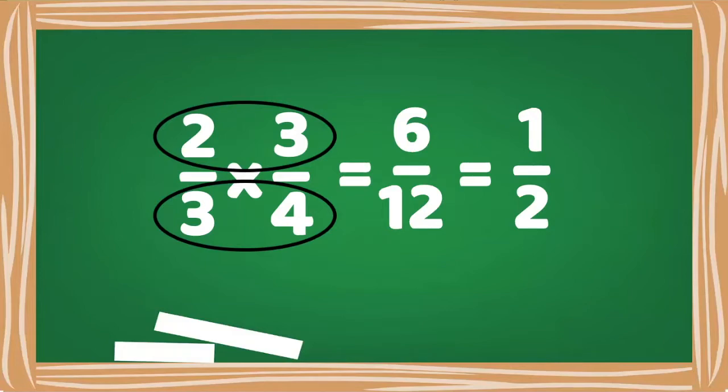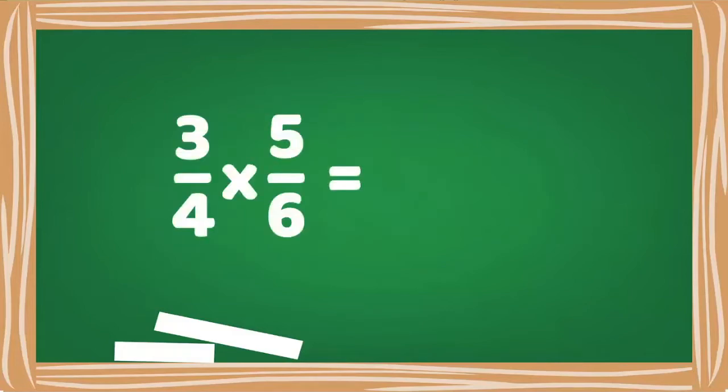Now, let's see another example. 3/4 times 5 over 6. In this example, we could rearrange or rewrite our problem like what we did in our previous example, but that would be extra work. Since we all know that multiplying fractions is just multiplying the top and the bottom numbers, then we can proceed without rewriting.